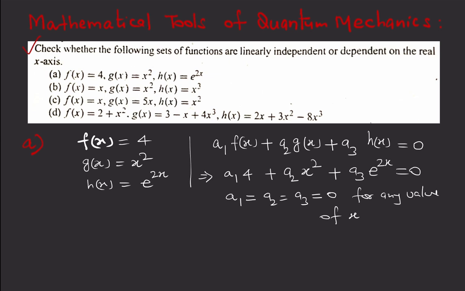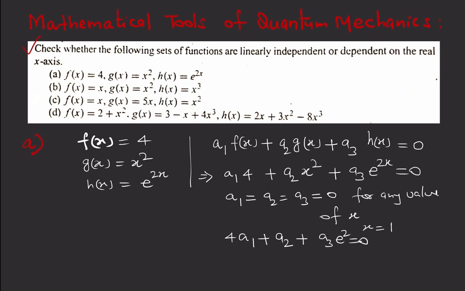Now let us check by keeping different values of x. If we keep the value 1, it becomes 4a1 plus a2 plus a3 into e to the power 2 is equal to 0. This is possible only when a1, a2 and a3 are separately 0.